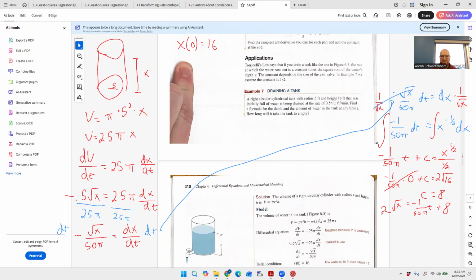I will divide both sides by 2, or multiply by half, and get square root of x equals negative 1 over 100 pi t plus 4. And then I'll square both sides.